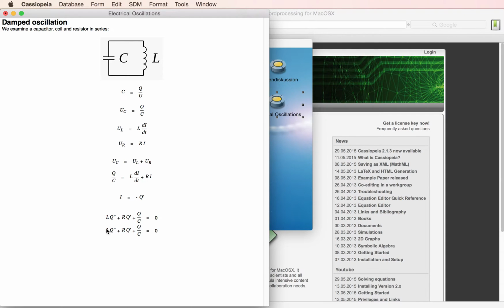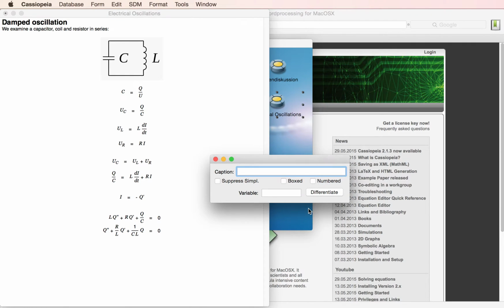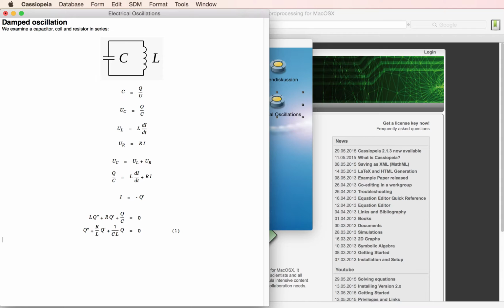Let's divide by L. This now is a homogeneous differential equation of the second order. We give this a number and try to solve it.